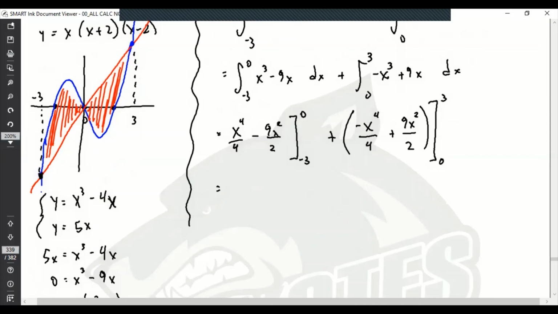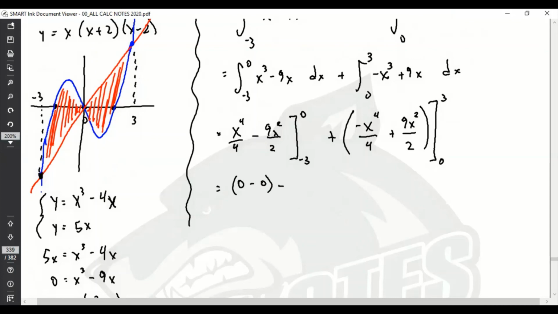Plug this in, 0 minus 0 for our upper bound, minus -3 to the 4 over 4 minus 9 times -3 squared over 2.